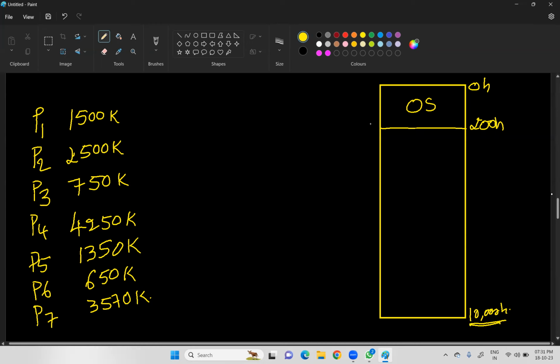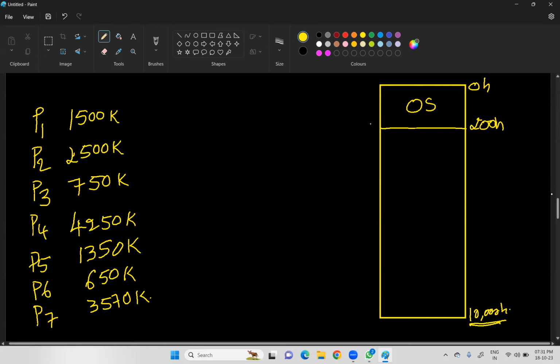Now the physical memory, which is being seen on the screen, is available as a single hole from 2000 H to 10,000 H. That is, 9,800 H is available as a single hole.